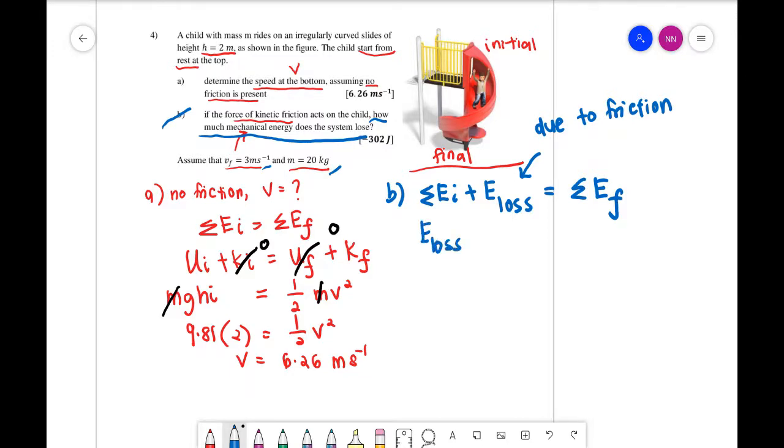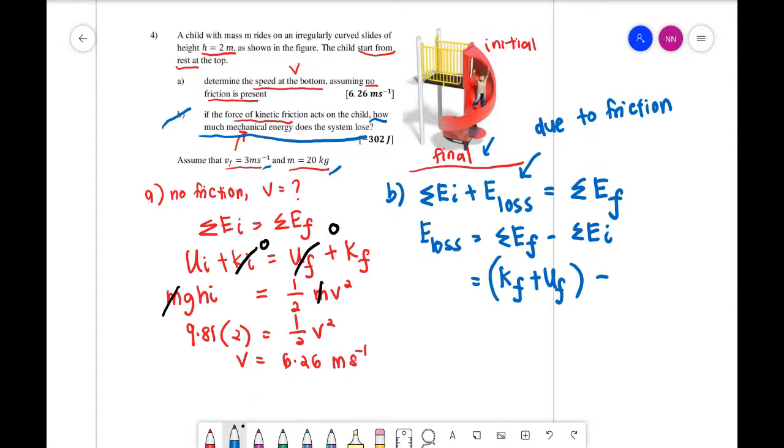Okay, so energy loss equals total energy final minus total energy initial. So untuk energy final, kat final position ni dia ada kinetic energy final, and then potential energy final kosong, sebab dia dekat ground level.